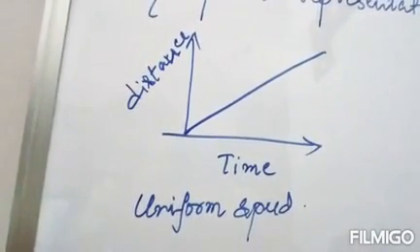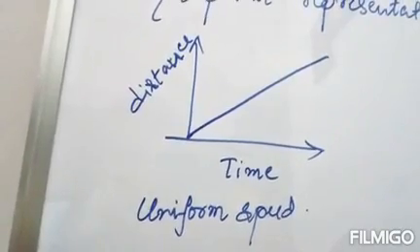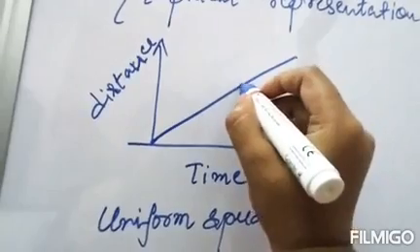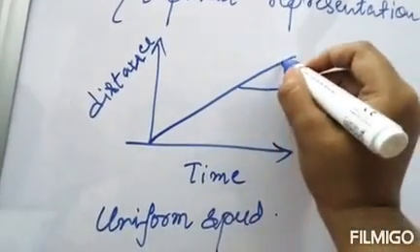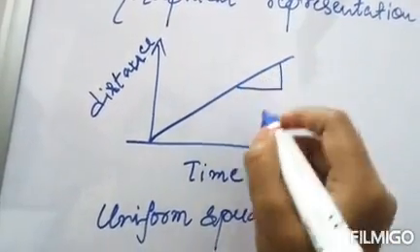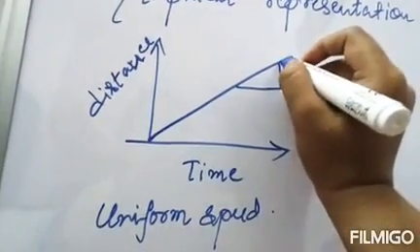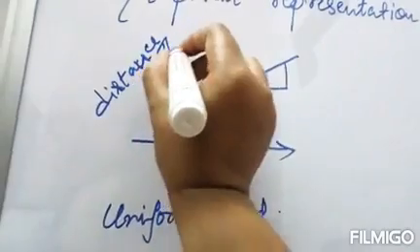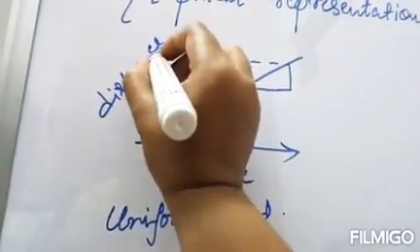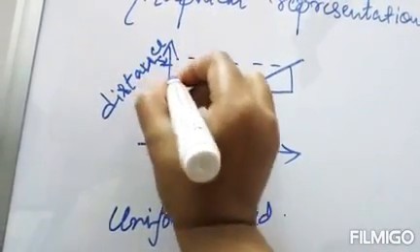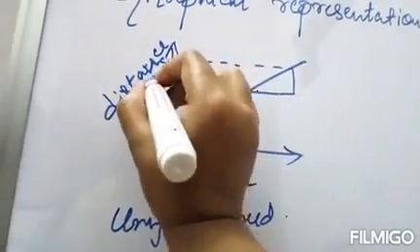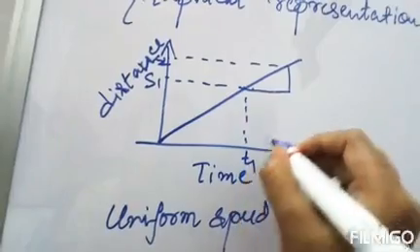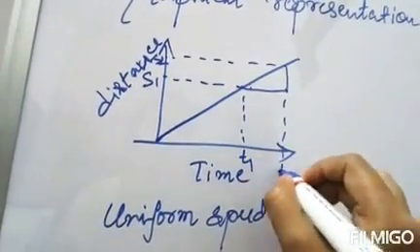If you want to find the velocity, we can determine it from the slope of the graph. What is slope of the graph? Change in distance by change in time. So suppose this is S2 distance and this is S1 distance, and this is T1 and this is T2.